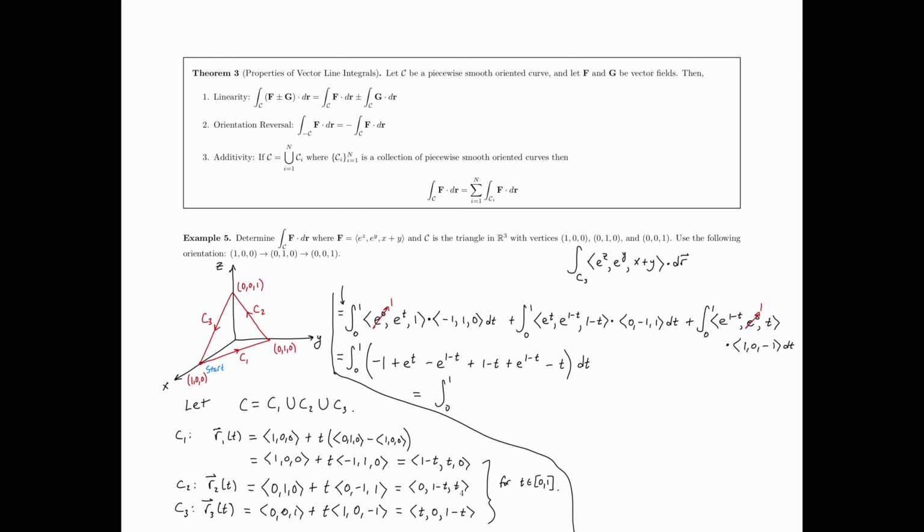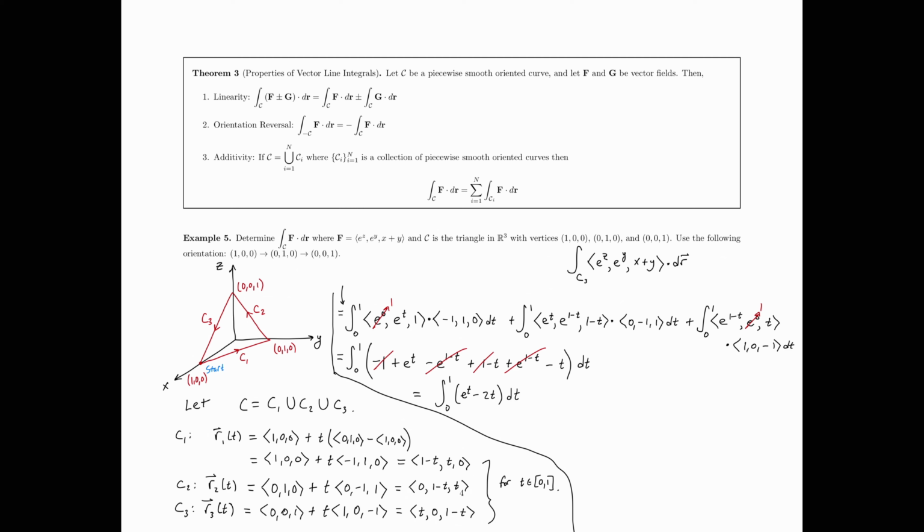Go through and simplify all of this. This should, at the very end of the day, give us e to the t minus 2t dt. Right, because these will cancel. The negative 1 and 1 will cancel.